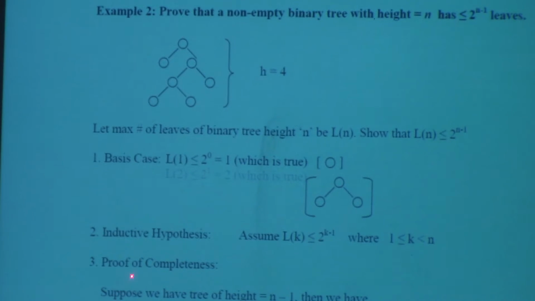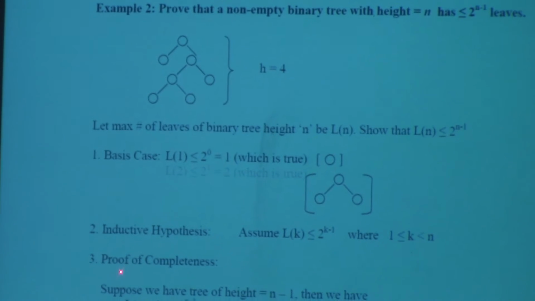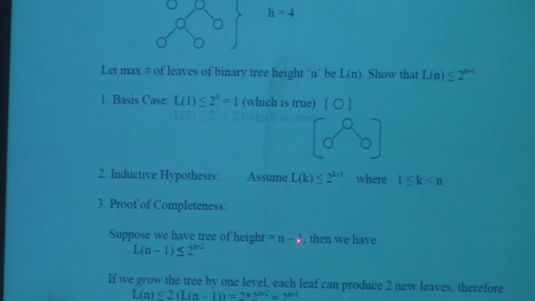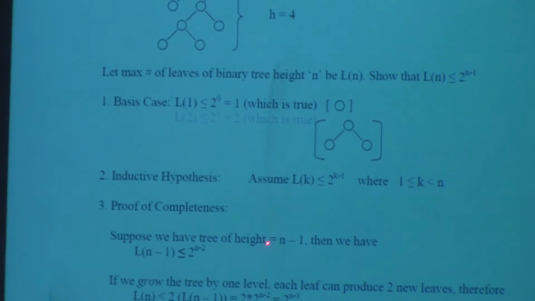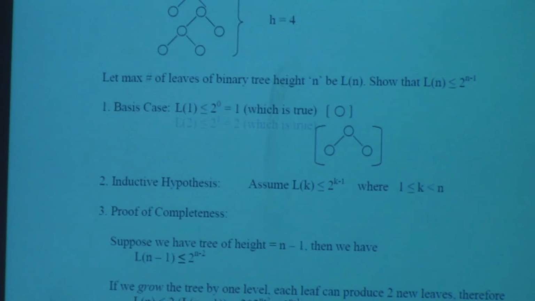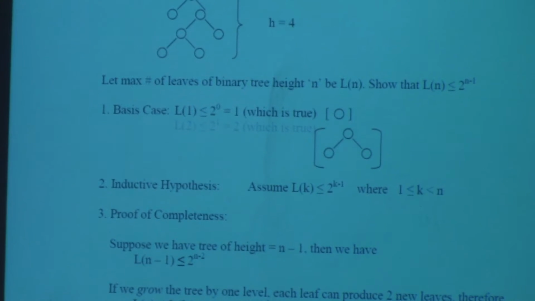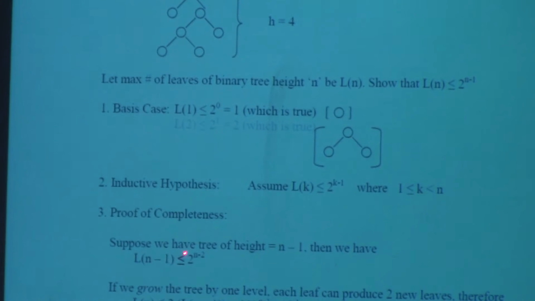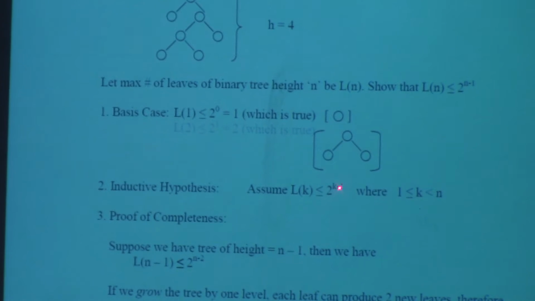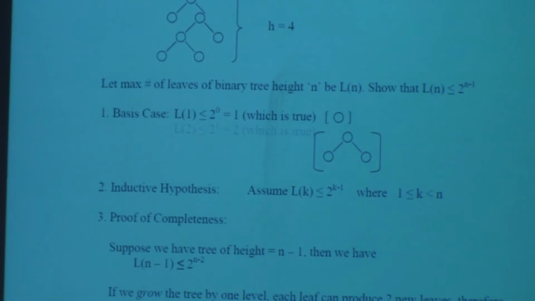So now for the proof step, suppose we have a tree of height n minus 1. If we have a tree of height n minus 1, that means k is equal to n minus 1. So therefore, L of n minus 1 is going to be less than or equal to 2 to the n minus 1 minus 1, which is 2 to the n minus 2.